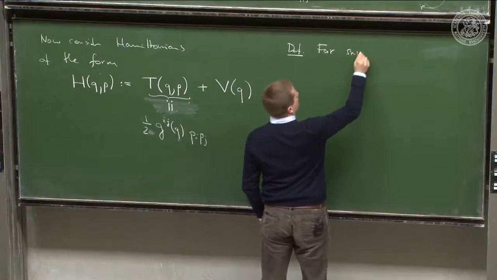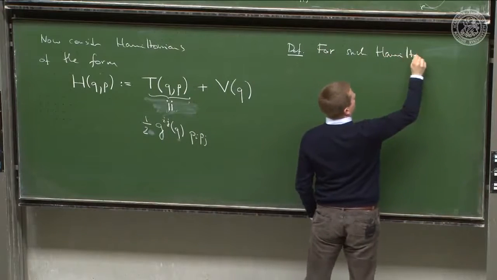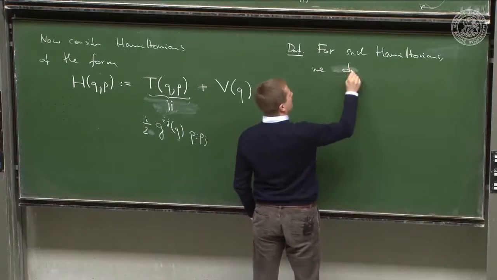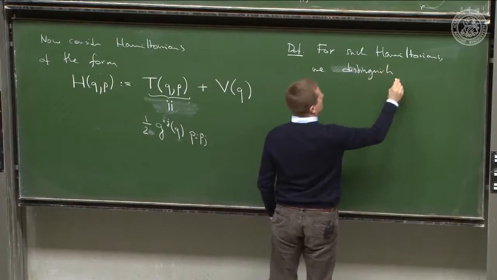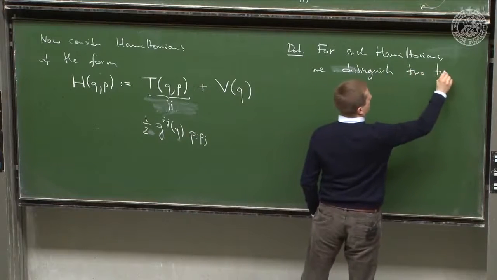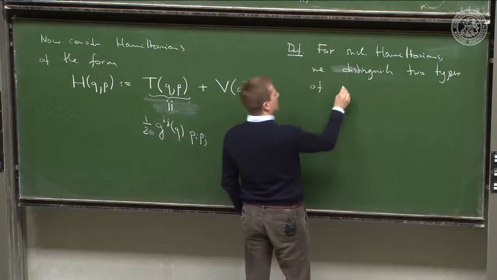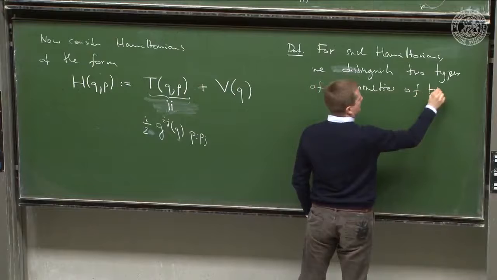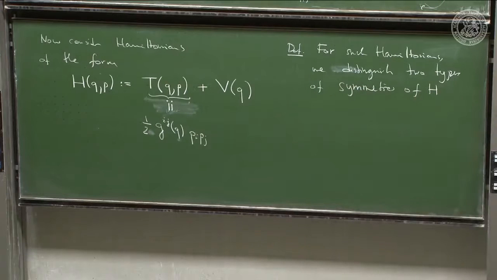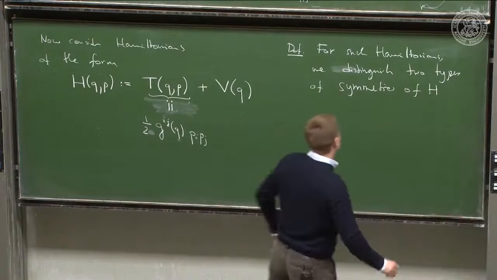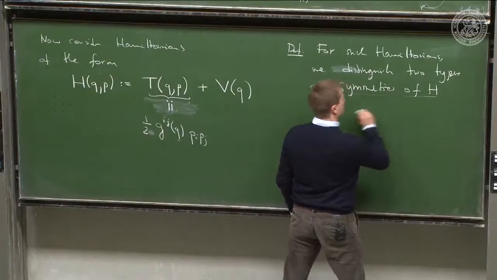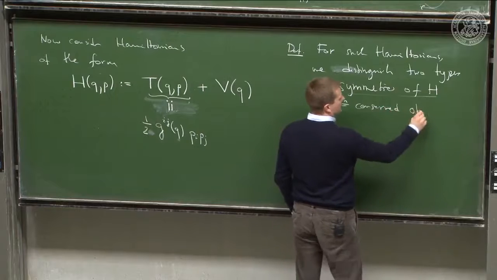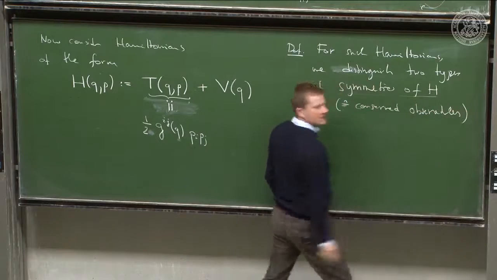For such Hamiltonians, we distinguish two types of symmetries of H. We now know that the symmetries of H are at the same time the conserved quantities, the conserved observables, by Noether's theorem.